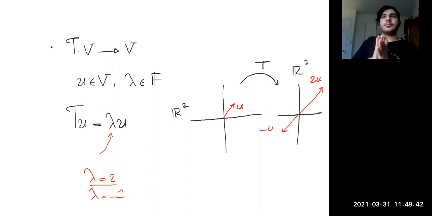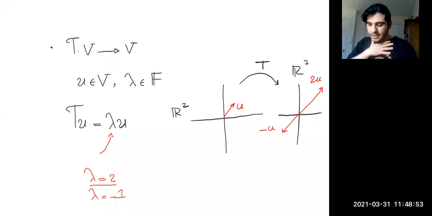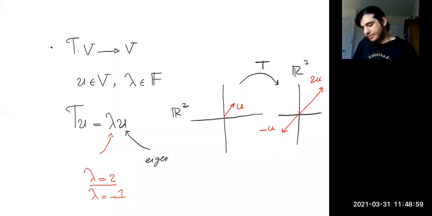Right. So it means in that direction, the linear map preserves the vectors in that direction, right? Doesn't change the direction. Such a vector is called an eigenvector. And this number is called an eigenvalue.